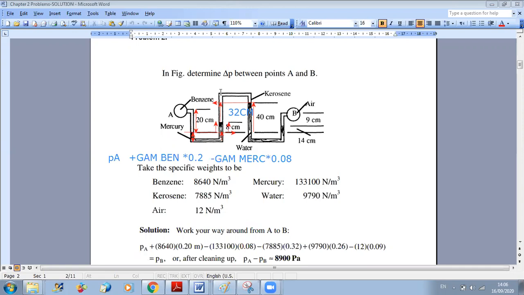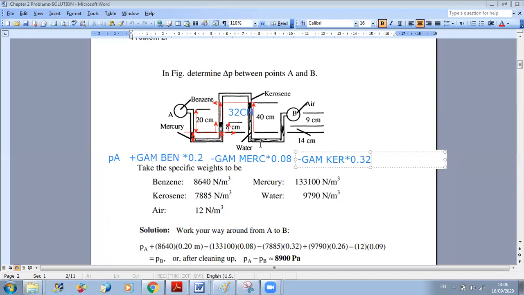Now I cross over and I reach this point. So let's first add it to the equation. Because we are moving upward, it's minus. So it's minus gamma of kerosene times 0.32. Now, as I reach this level, I am going into a new fluid, which is water.